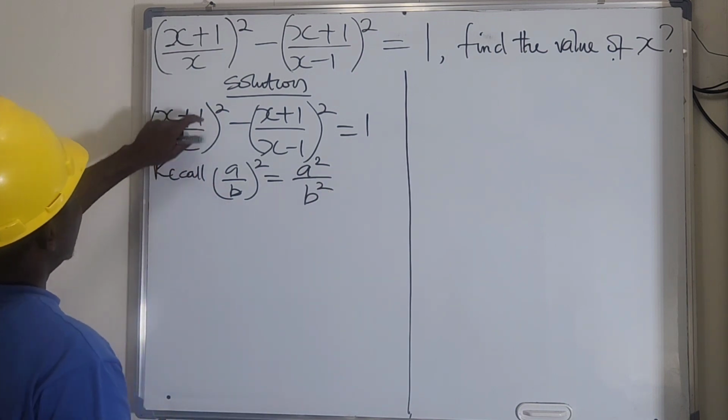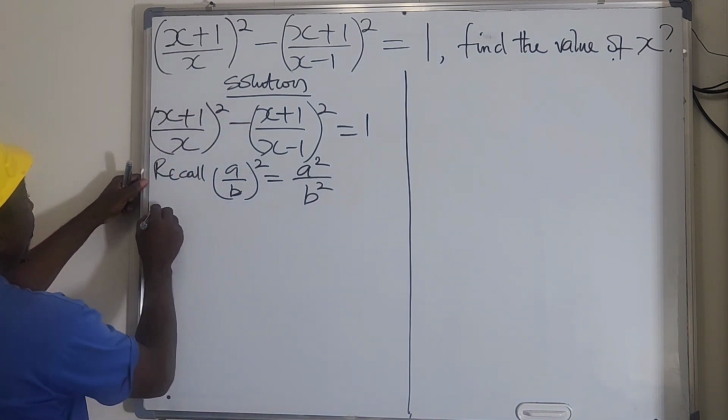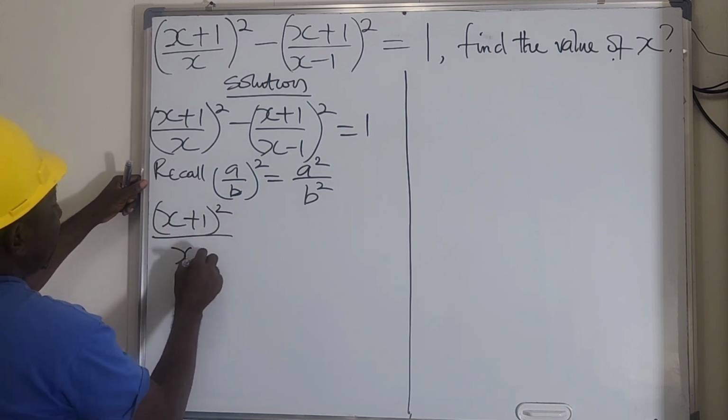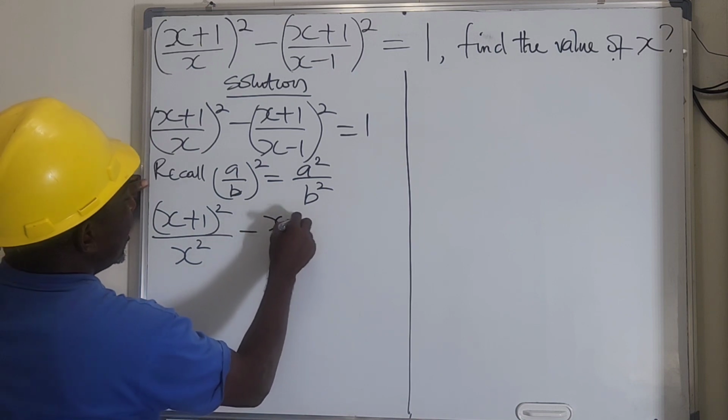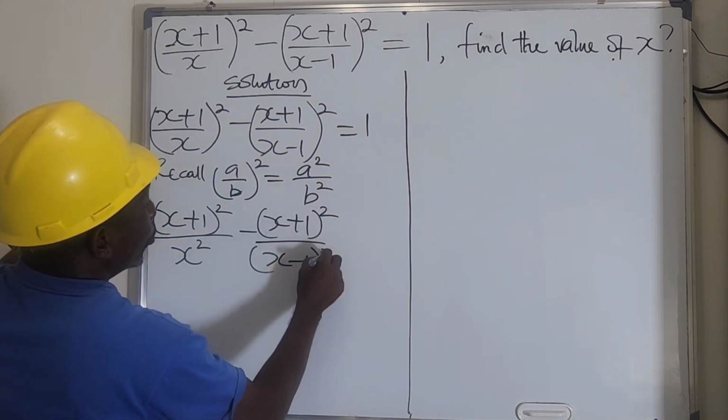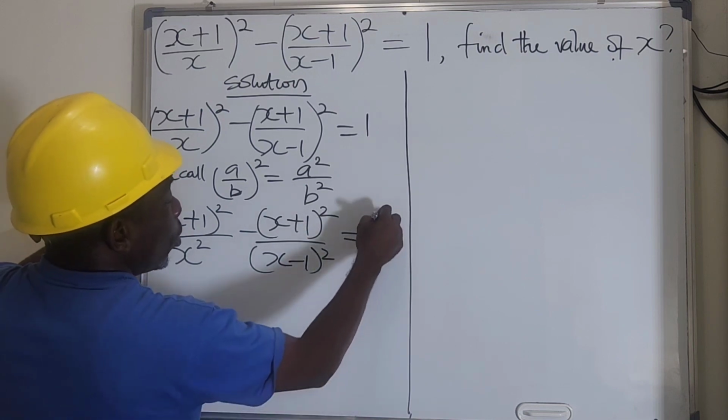So in this case, this can be broken down to be x plus 1 squared all over x squared minus x plus 1 squared all over x minus 1 squared equals 1.